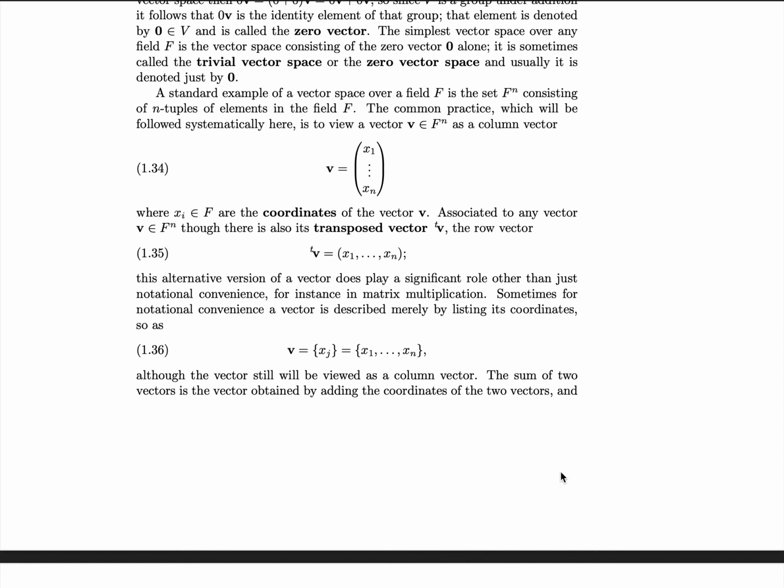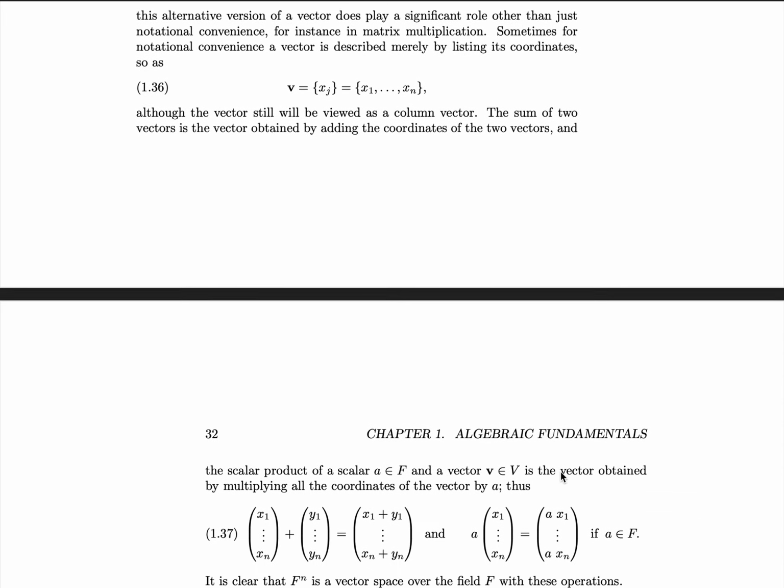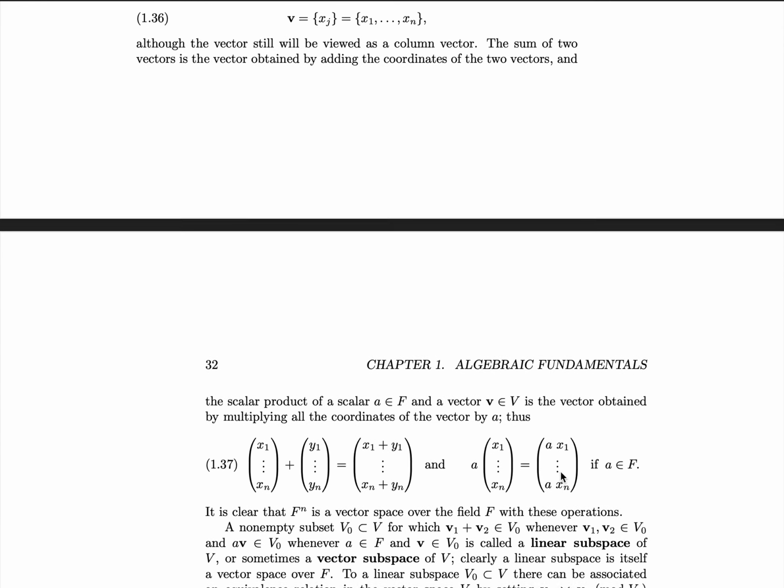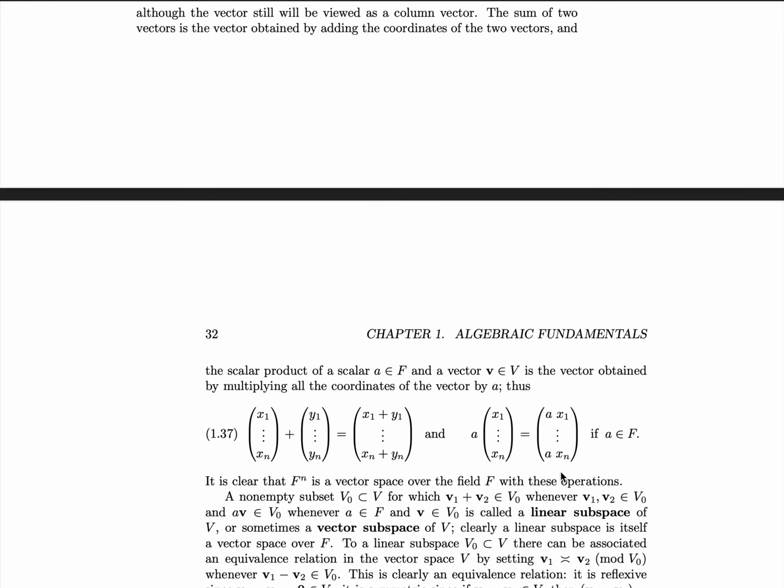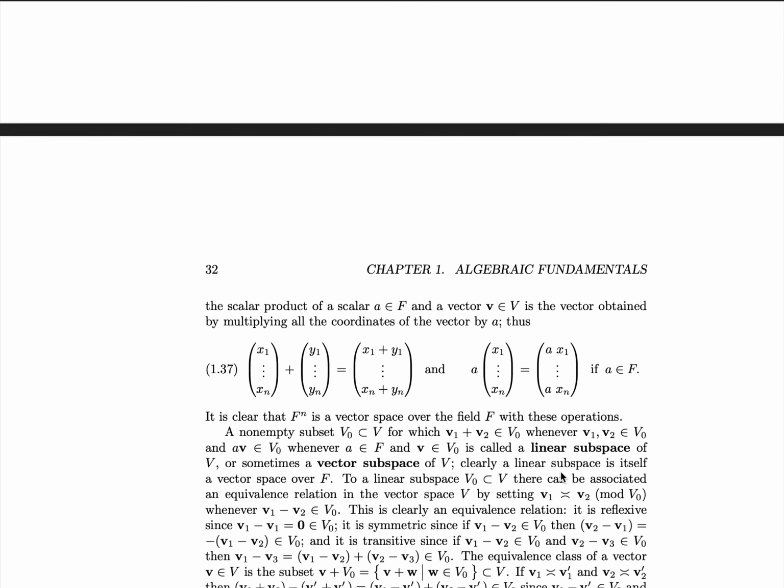To understand how the sum operation in the vector space will operate in the case of F to the n, we note that we sum two vectors by summing together the coordinates of the vectors element-wise. And then we perform scalar multiplication by scaling each of the coordinates by whatever scalar you choose.